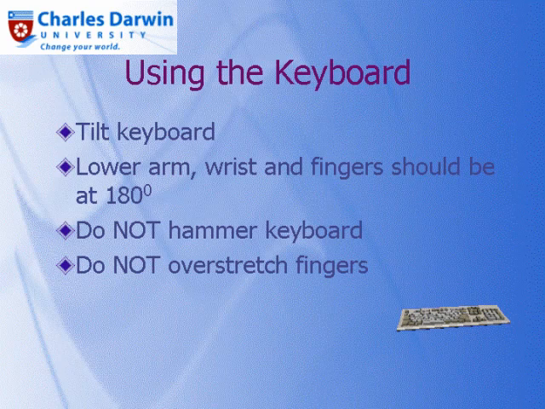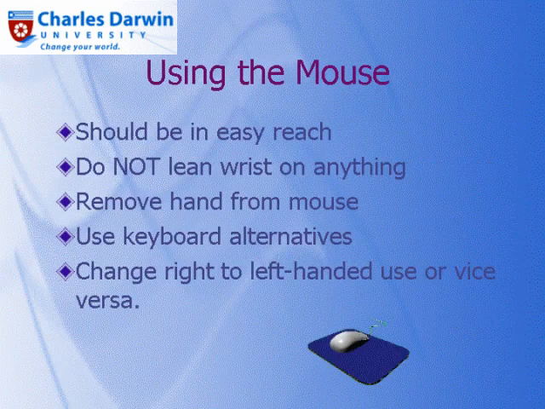Keyboard: arms, wrists and fingers should be at 180. Don't hammer the keyboard and don't overstretch your fingers. The mouse should be within easy reach. Do not lean your wrists on anything. Remove your hands from the mouse, use alternative keyboard shortcuts, and look at changing from right-handed to left-handed and vice versa.